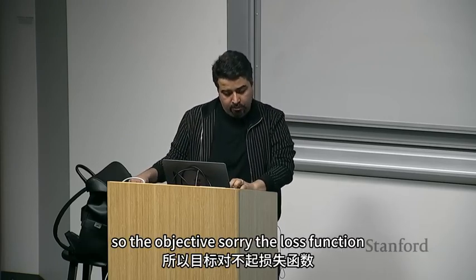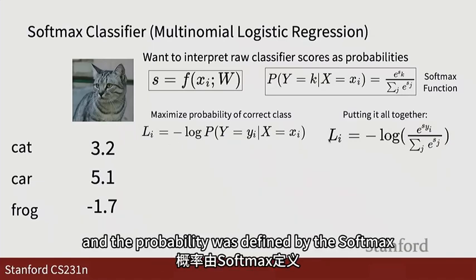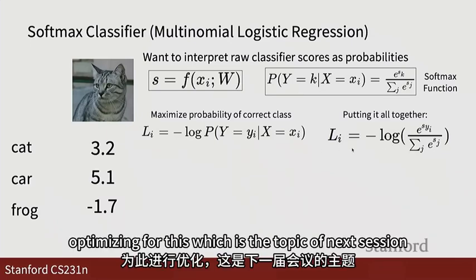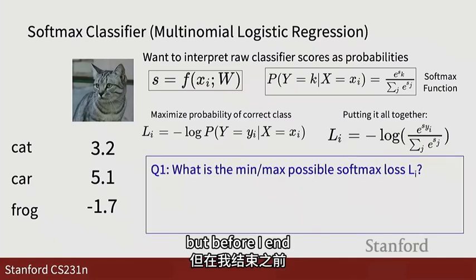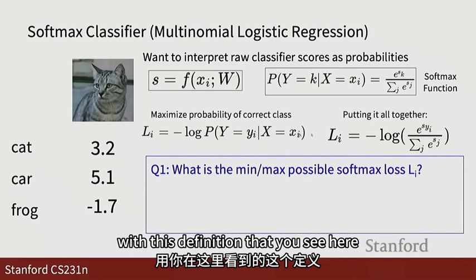So the loss function was defined as negative log of this probability, and the probability was defined by the softmax, which we talked about, and then optimizing for this, which is the topic of the next session, will give us the right W's. But before I end, I want to ask a couple of questions with this definition that you see here.